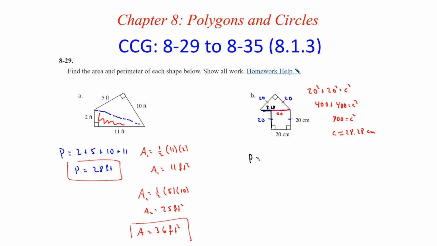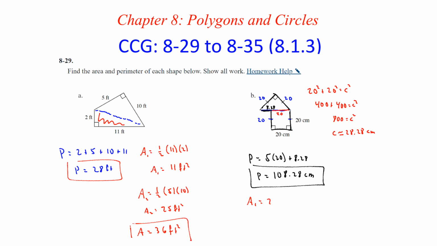So to find the perimeter, we can add up all those sides. We have 20 plus 20 plus 20 plus 20 plus 20. So 1, 2, 3, 4, 5. So 5 times 20, and then add in that additional 8.28, and that will give us 108.28 centimeters for the perimeter. Then to find the area, once again we can do it in two parts.